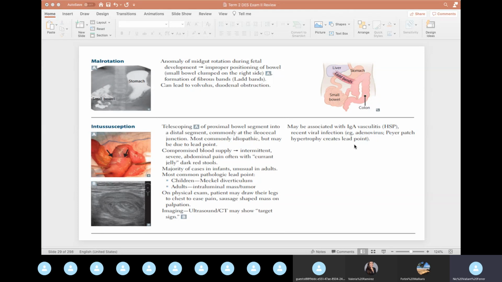So there needs to be a lead point first before the development of intussusception. However, most commonly this is idiopathic. And don't forget the rotavirus vaccine; one of the risk factors is that you can develop intussusception.